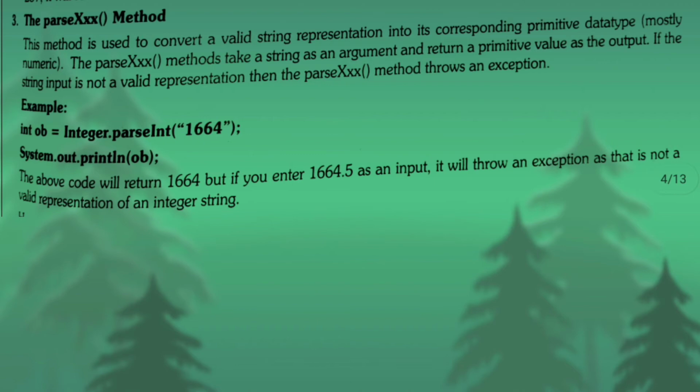For example, here I created an integer variable ob, assignment Integer.parseInt, the string is 1664. As this is enclosed in double quotes, it is a string, but Integer.parseInt will convert it into an integer, and the result will be stored in the integer variable ob. So when you print the output of ob, 1664 will come as an integer value.